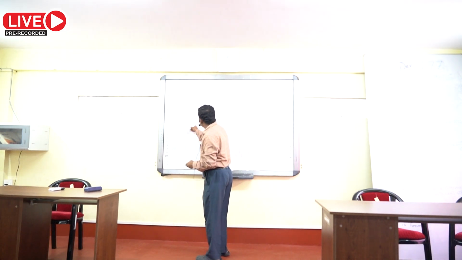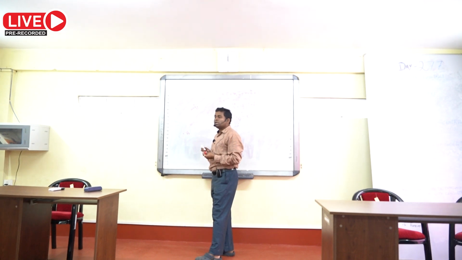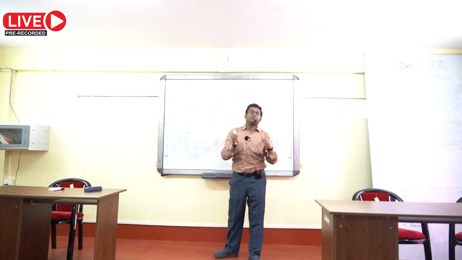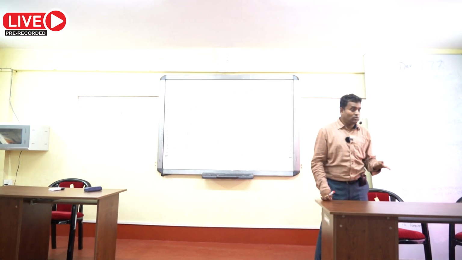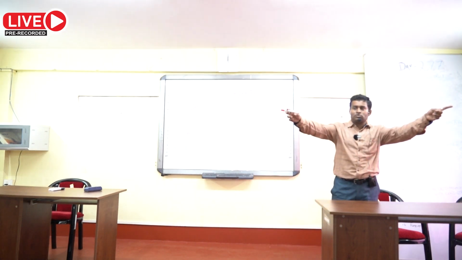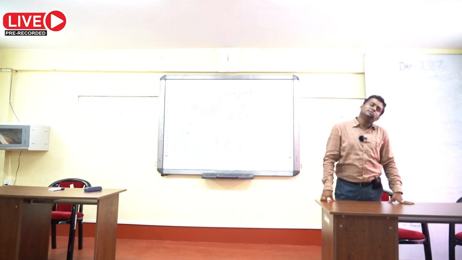So the thrust vector must be along this direction to cancel the effect of the other two, such that the sum will remain 0. Before explosion 0, after explosion it should be 0. So if two are going perpendicular to this, the third vector must be equal and opposite to that, such that the sum will again be 0.